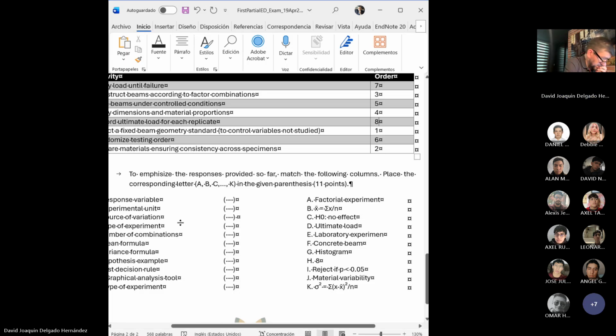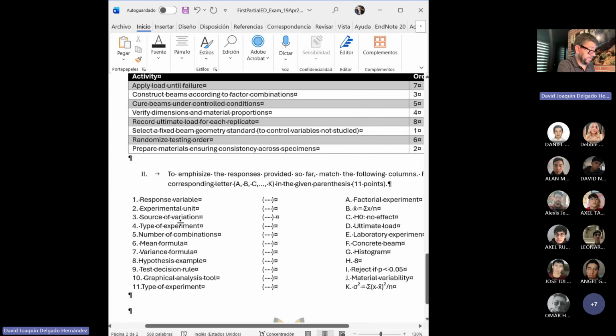So the first of this is what is the response variable, and the answer is D. So this is the response variable, which is D. Is the ultimate load, right? That is the very last thing that we want to know.